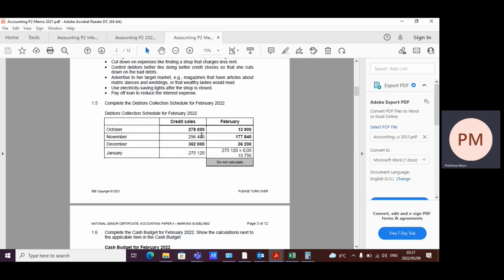This one we've corrected. 296,400. So it is 1,774,278.